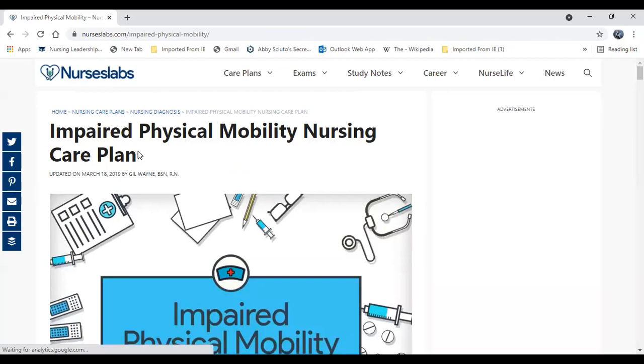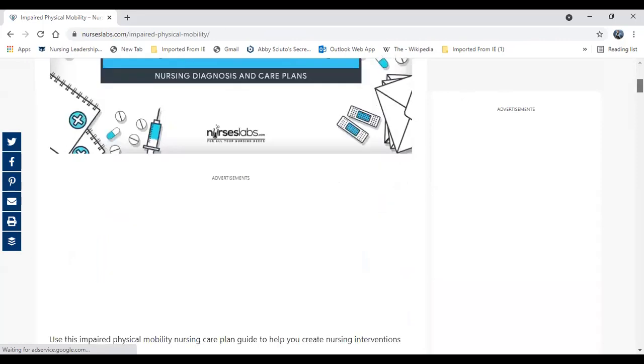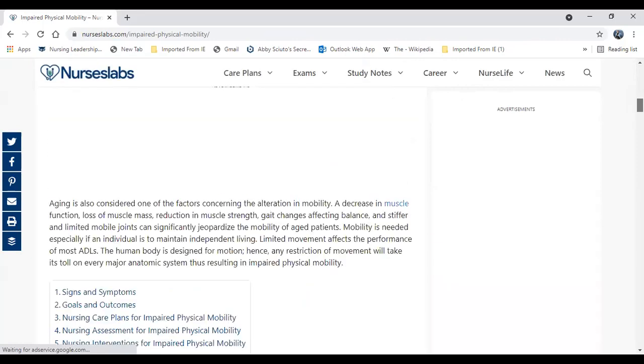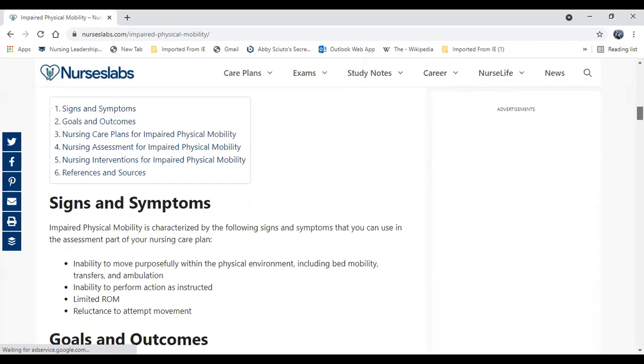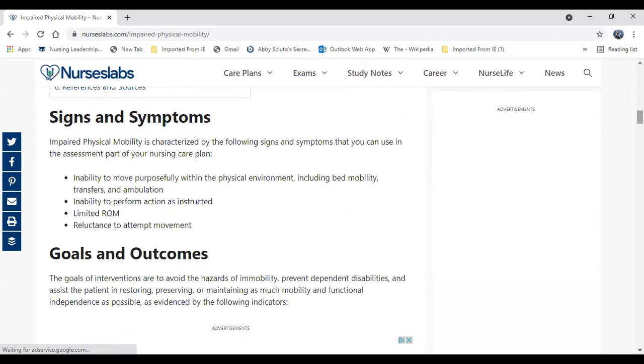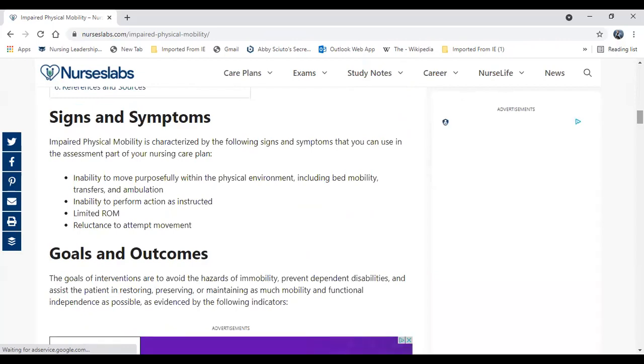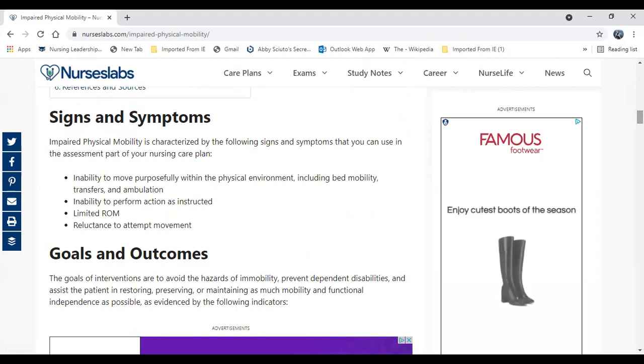Yes. Okay, now if you scroll down towards the bottom, it tells you some of the characteristics that should be part of your assessment if you're using this diagnosis. One of them is inability to transfer, okay? Or limited range of motion, which she has both, right? So this is a good nursing diagnosis for this patient.